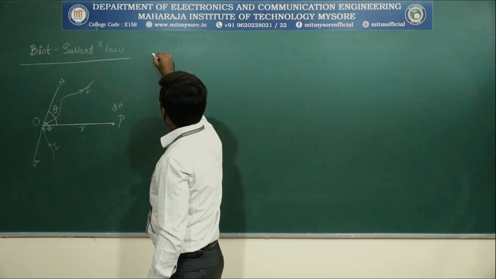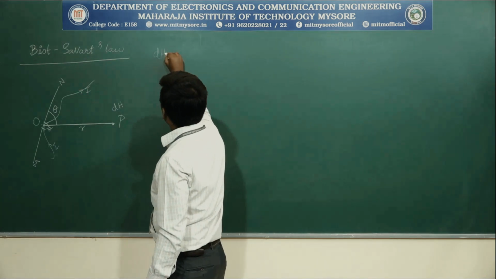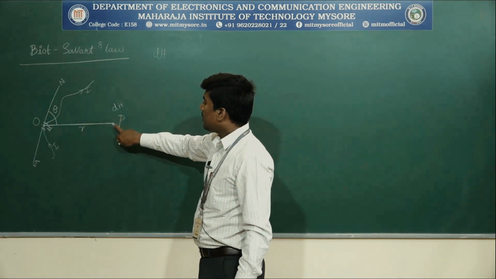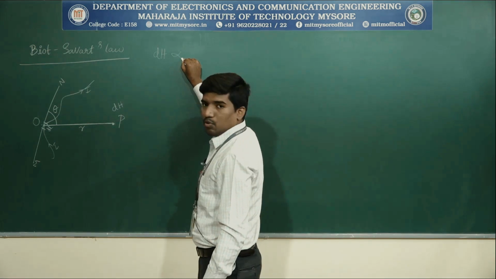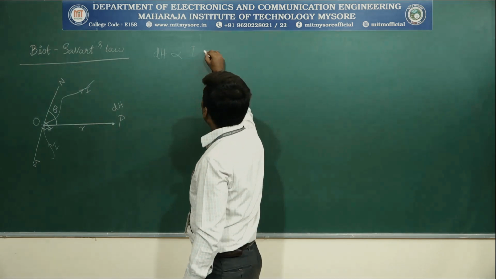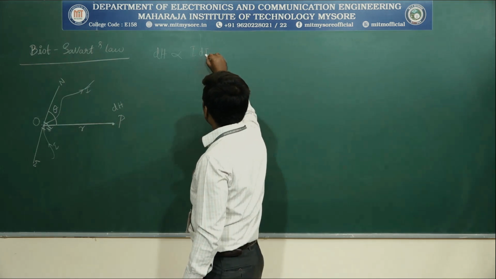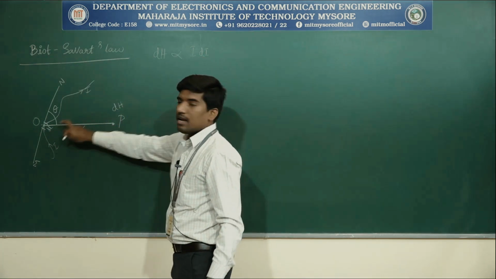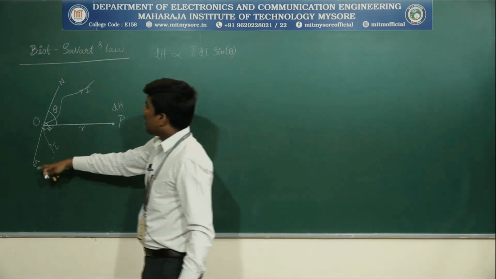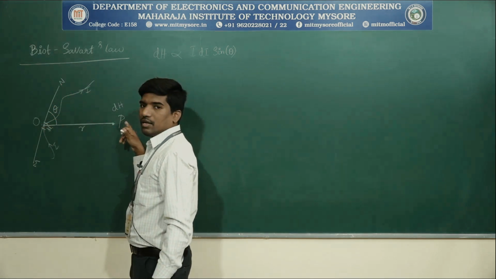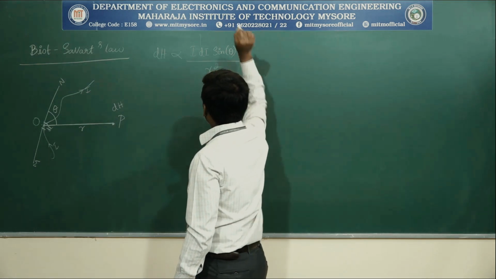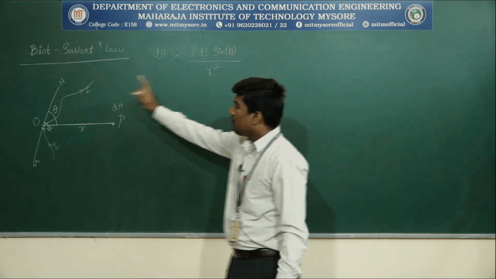The magnitude of the differential magnetic field at point P is directly proportional to the product of the current flowing through the conductor, the elementary length, and the sine of the angle between the tangent drawn and the line joining the point, and inversely proportional to the square of the distance between them. This is the statement of Biot Savart's law.